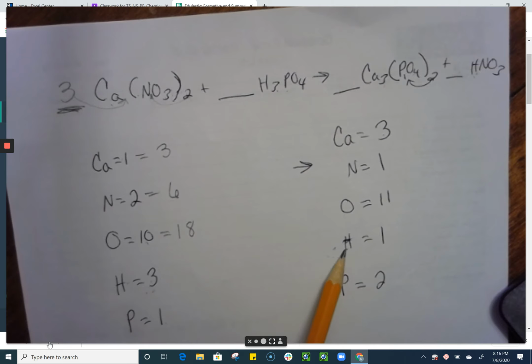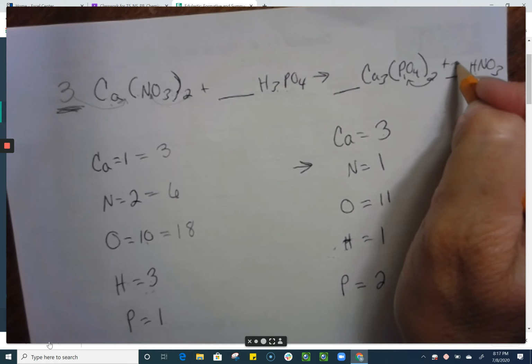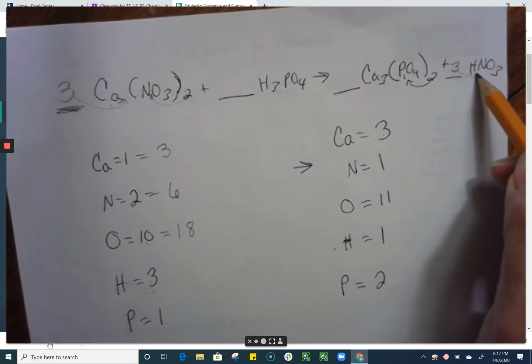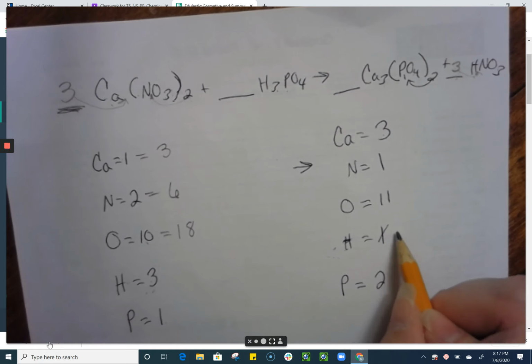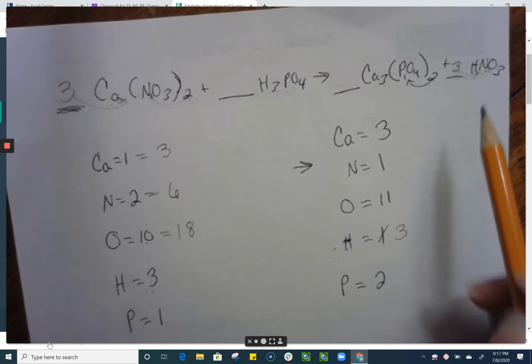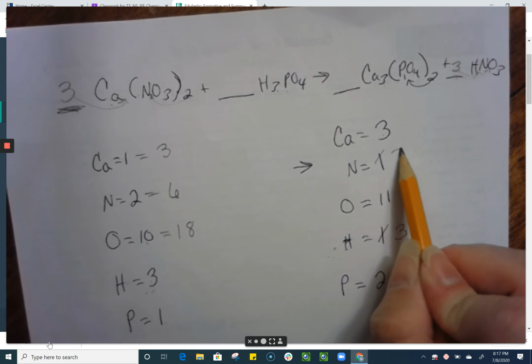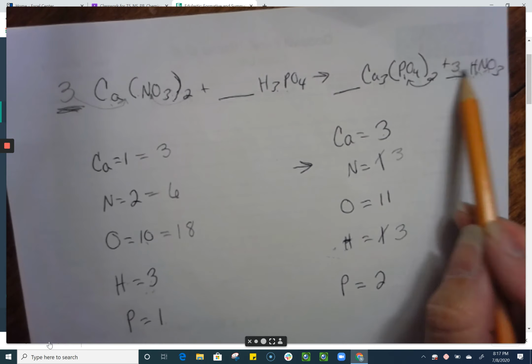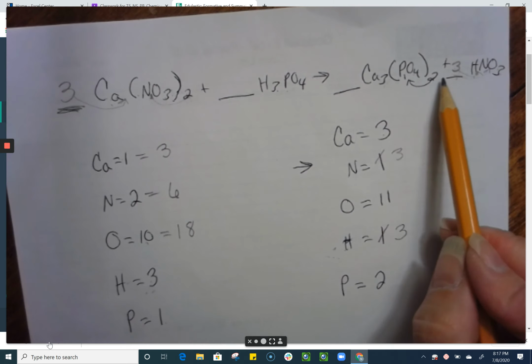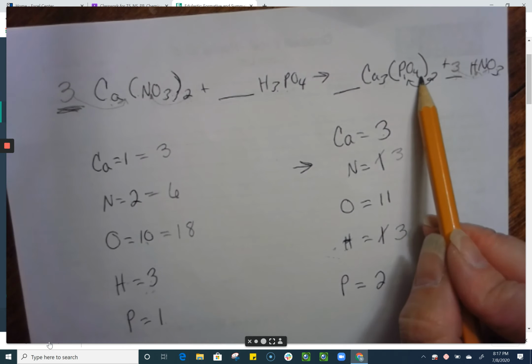If I put a 3 here, that means everything back here gets tripled. 3 times 1 is 3 hydrogen. 3 times 1 here is 3 nitrogen, so that's automatically not enough, okay? And 3 times 3 oxygen is 9, plus 8 is 17, but I don't have enough nitrogen.